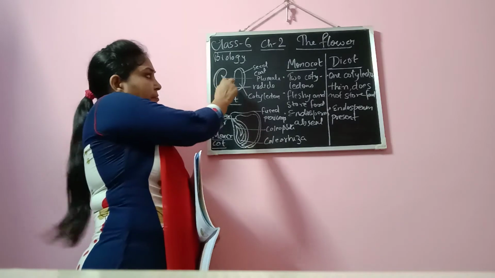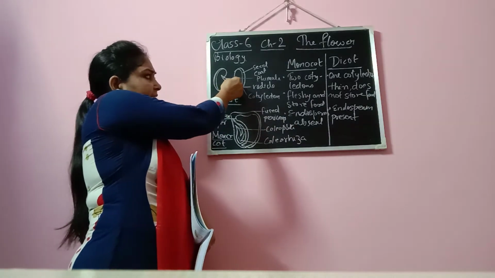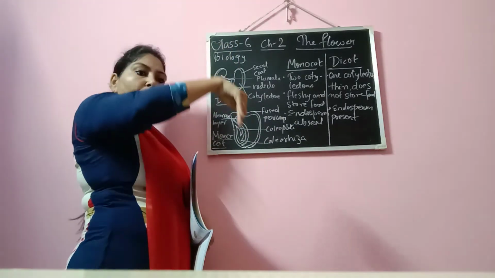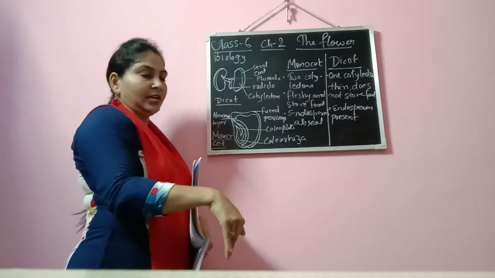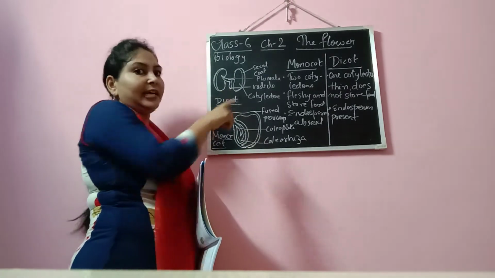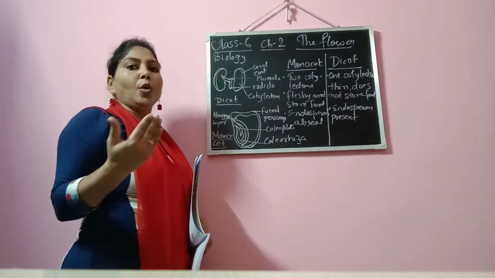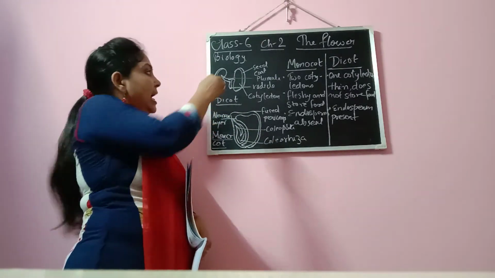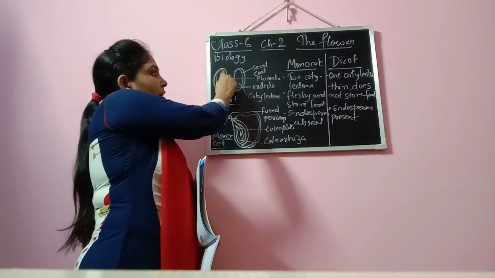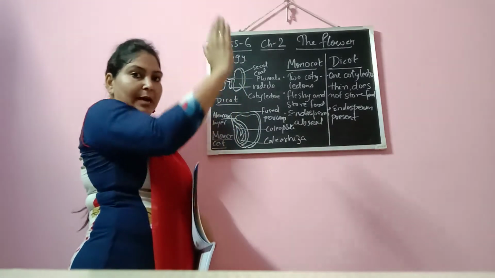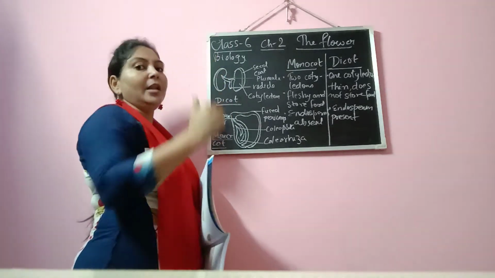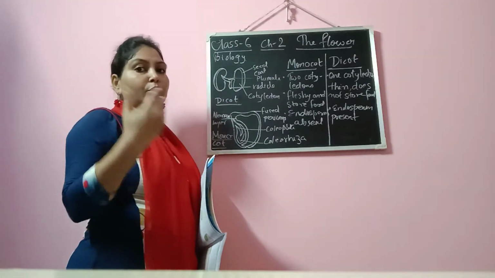You will find there is one part which is moving towards the soil, towards the ground. This is known as radicle, which will further develop the roots. And there is one more part which is moving upward, and it will come out from the soil and grow into the shoot system.